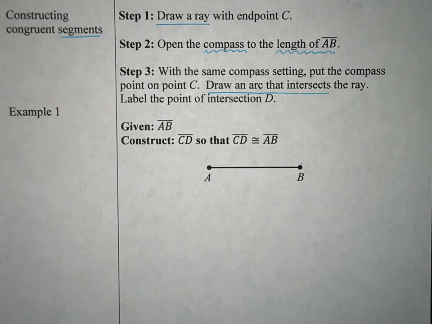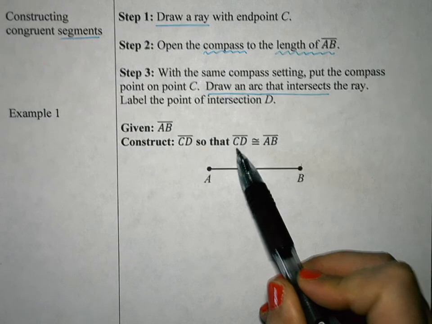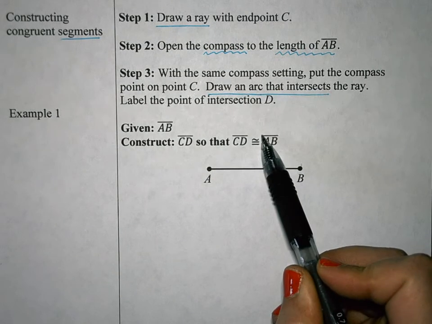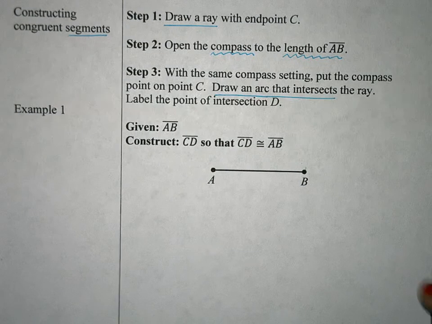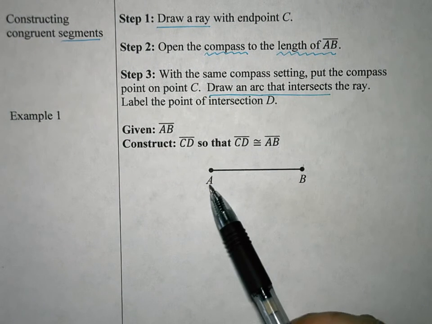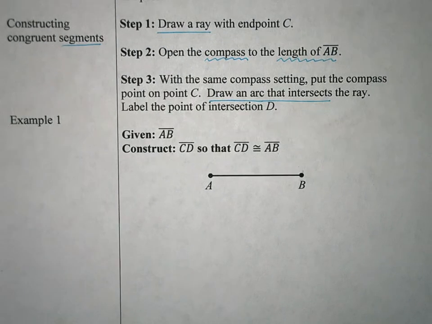And what we're going to do is construct a segment CD so that segment CD is congruent, or the same length, as segment AB. So basically what we want to do is copy this segment to a new segment called CD, and we want to make sure that it has the same length as AB.